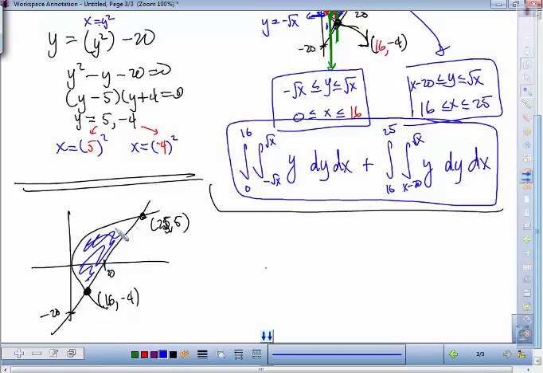Okay, so instead of making your slices parallel to the y-axis, what if you make your slices parallel to the x-axis instead? What if you make your slices like that? Now, if you do all the slices, one thing you notice is that at every single slice, you're always going to be slicing from one function to another function, and nowhere in this region do you need to change functions. So that is going to be an advantage for us.